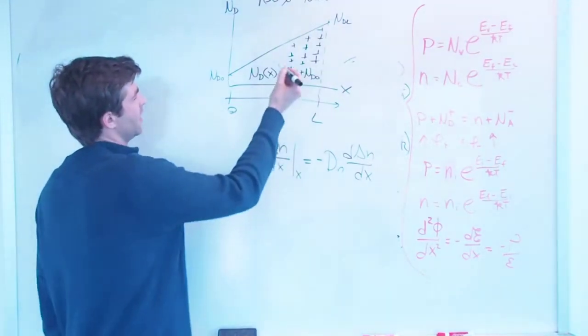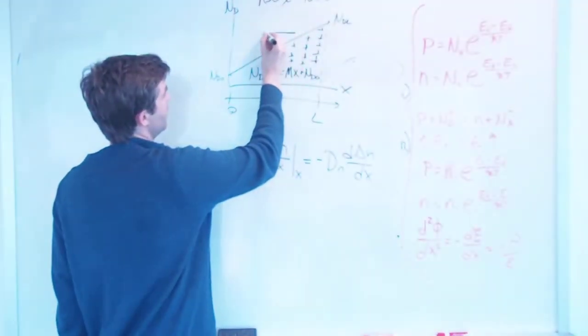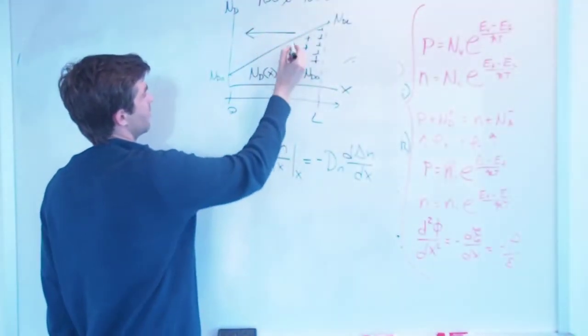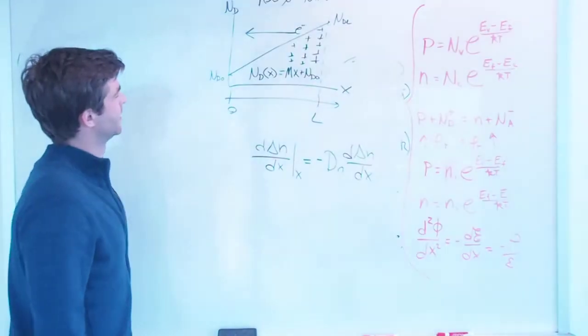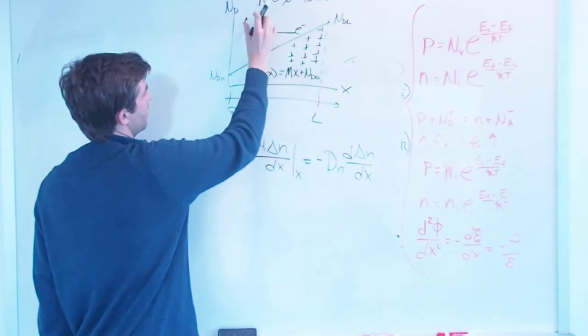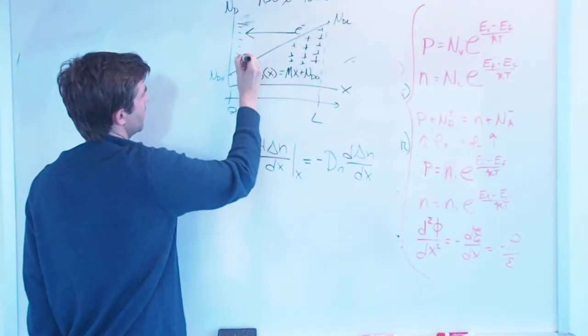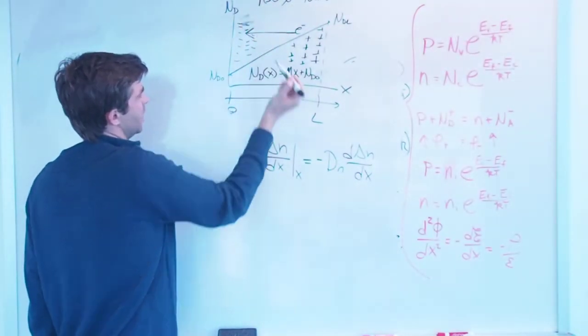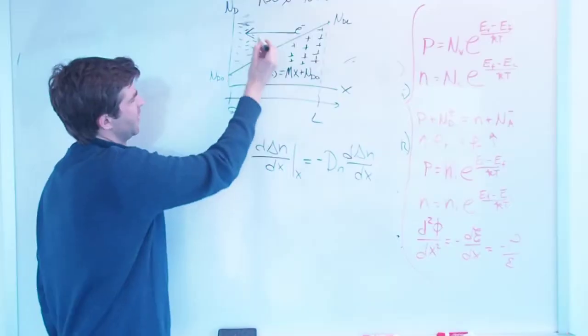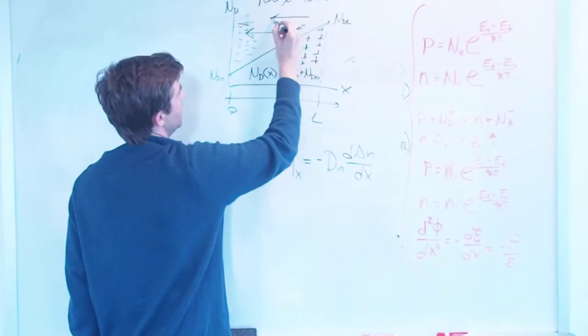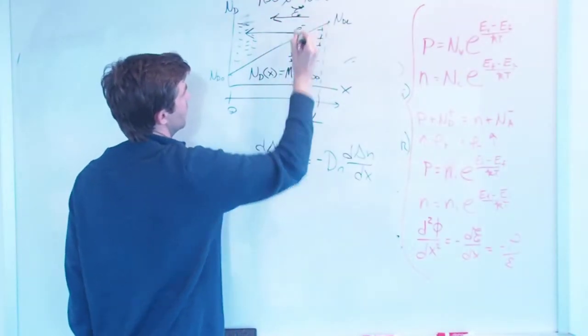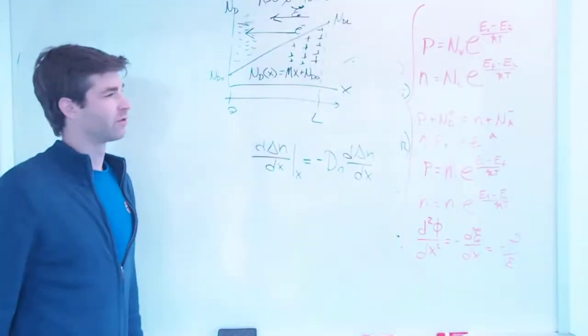So electrons will diffuse left just like this, and then you get all these negative charges right here. You build up the negative charges over here and the positive charges over here, and you get an electric field in this direction, a built-in electric field, right?